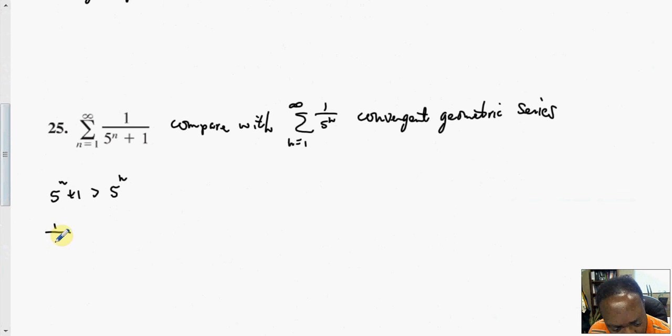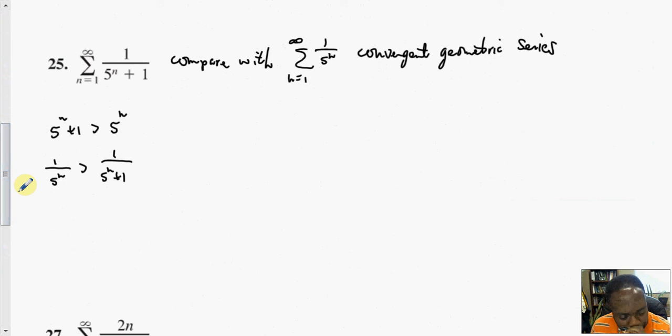And so 1 over 5 to the n is greater than 1 over 5 to the n plus 1. So we have here 1 over 5 to the n plus 1 is less than 1 over 5 to the n.